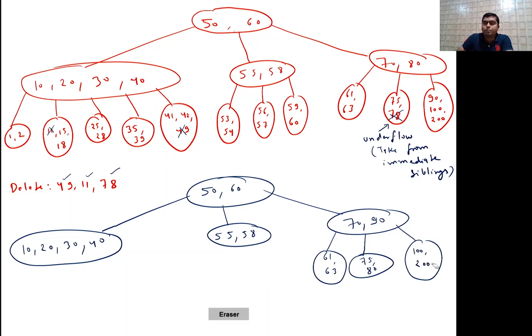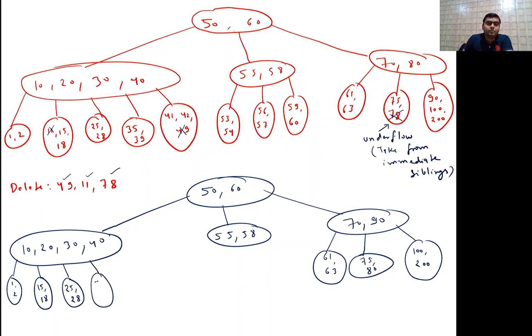Observe very carefully. Here also it is 1 and 2, so there is no problem at all. In between, 11 has gone, so it is 15 and 18. Between 20 and 30, it is 25 and 28. Between 30 and 40, it is 35 and 39.